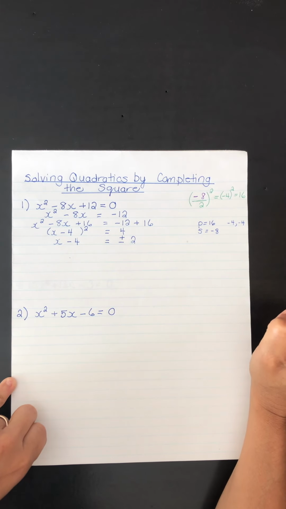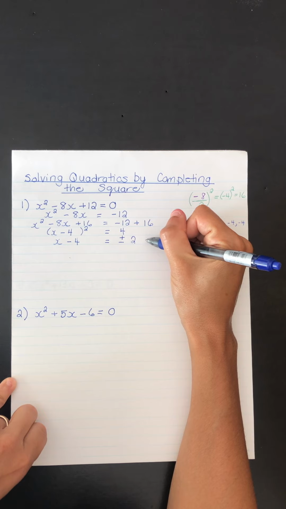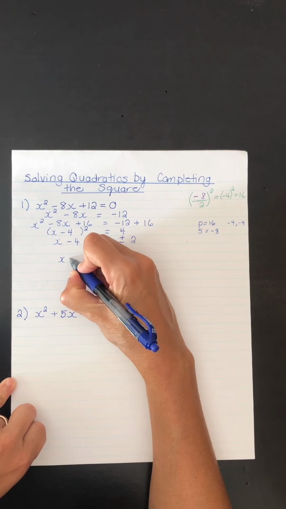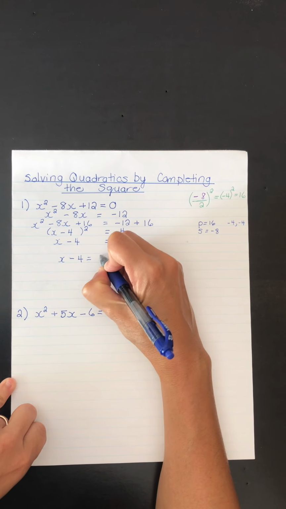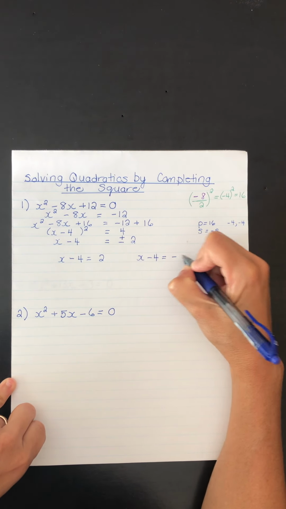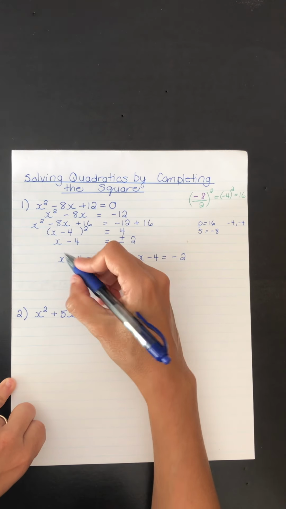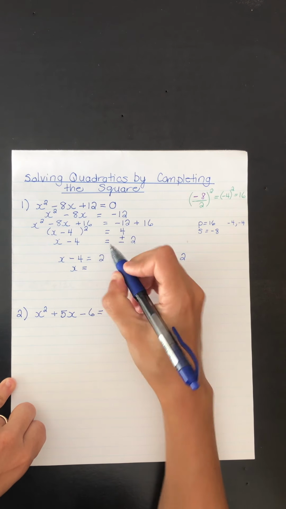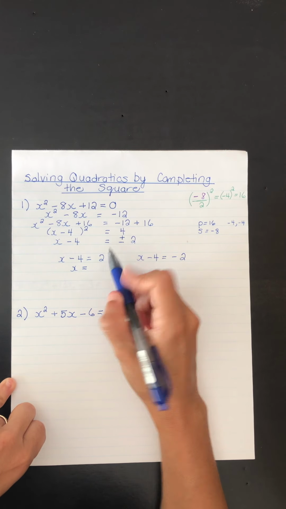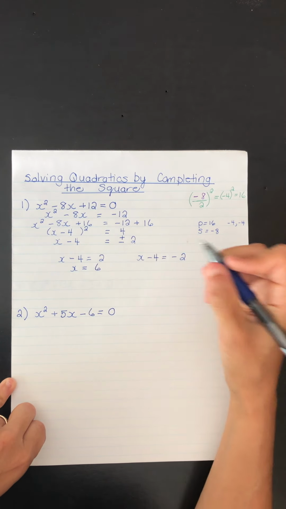There are two answers. And so from here, we're going to get our two final x values. So we say x minus 4 is 2, and x minus 4 is also negative 2. From which, in this case, x will be 2 plus 4, or 6.